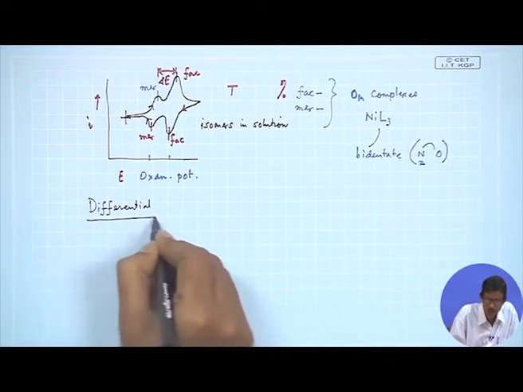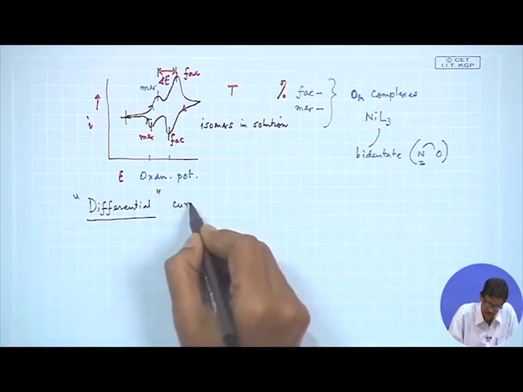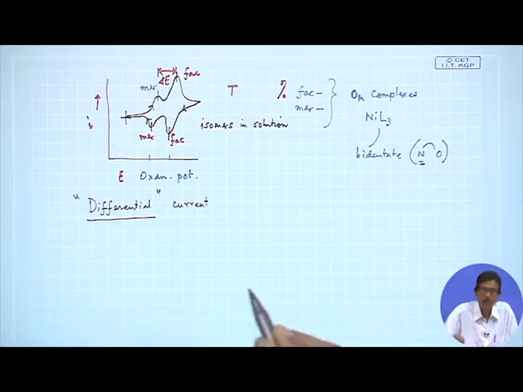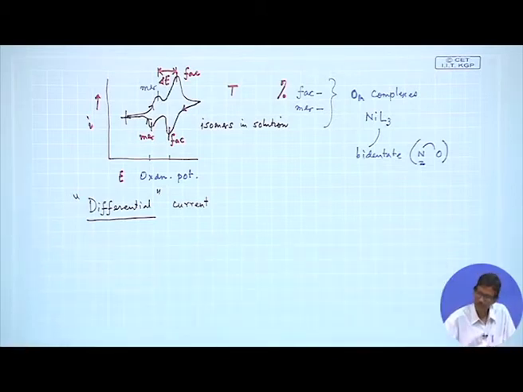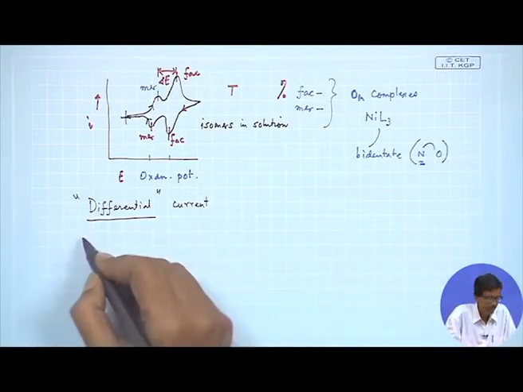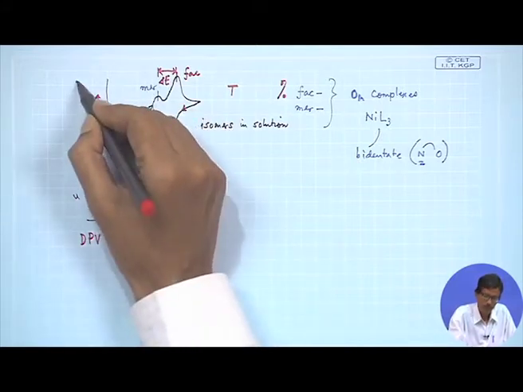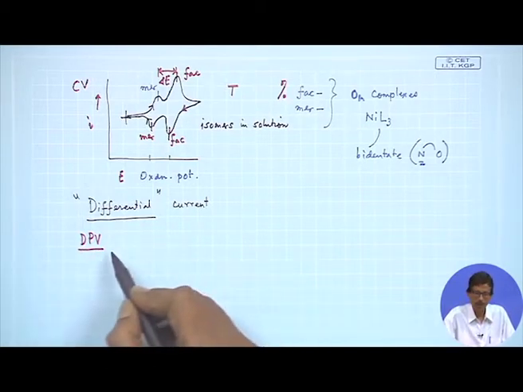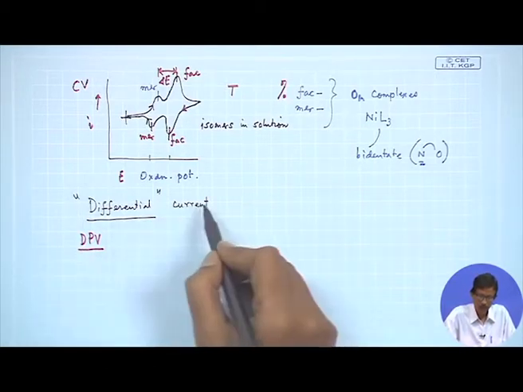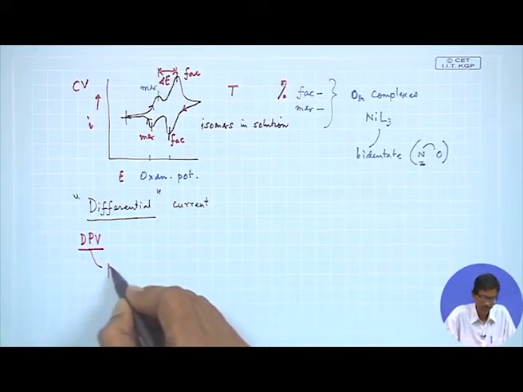So, we can follow differential current measurements, and that is basically a new technique, because the differential current measurements will give rise to a technique. This was your CV, and the next one is your DPV, differential pulse voltammetry. So, you have a differential current, and the P stands for the pulse technique.